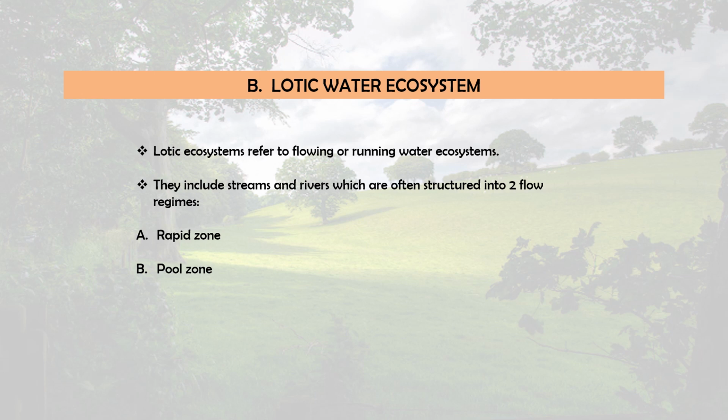Now the streams and rivers are structured into two flow regimes, as we have discussed. These lotic water ecosystems differ mainly because of the speed of the water flow.